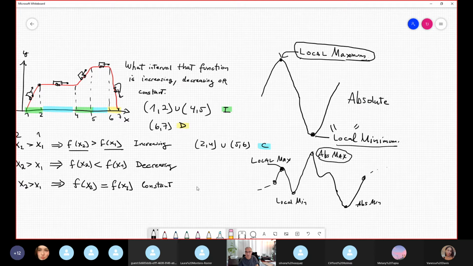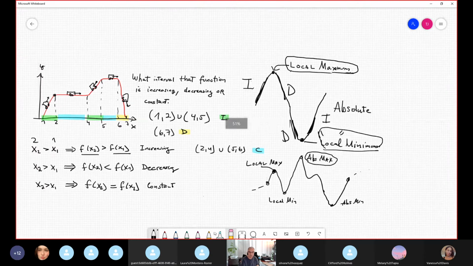Local maximum is when the function is increasing, stops increasing and starts decreasing. It's a transition between increasing and decreasing. Similarly, when it's decreasing, stops decreasing and starts increasing, it is local minimum. Got it? Do you understand this very well or no?